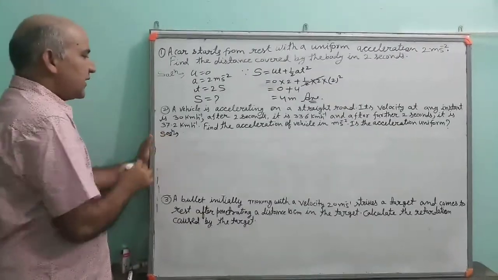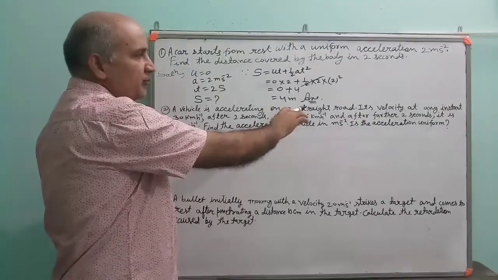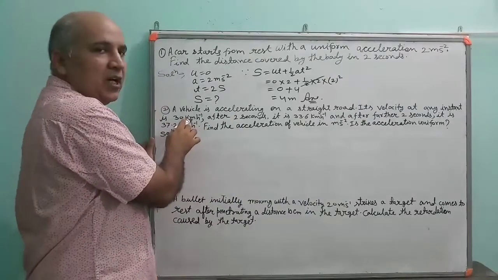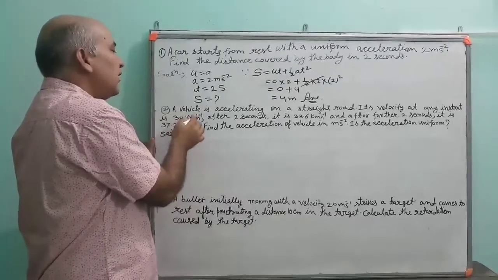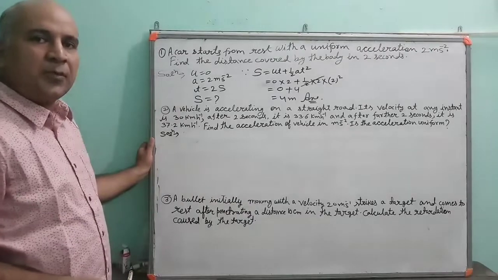Okay, now see the second question. A vehicle is accelerating on a straight road. Its velocity at any instant is 30 km per hour. At any particular time the velocity is 30 km per hour. After 2 seconds it is 33.6 km per hour.